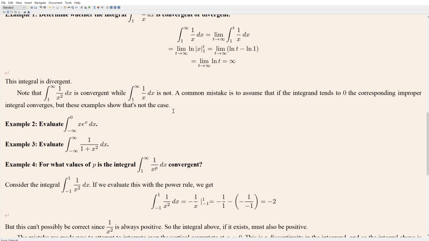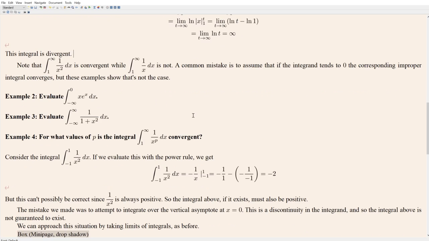But here is a clear counterexample of that. 1 over x and 1 over x squared are both going to 0 as x goes to infinity, but when you attempt to take the area under the curve, this guy has unbounded area, whereas this guy has bounded area. So yes, you do have to compute the integral in this case.